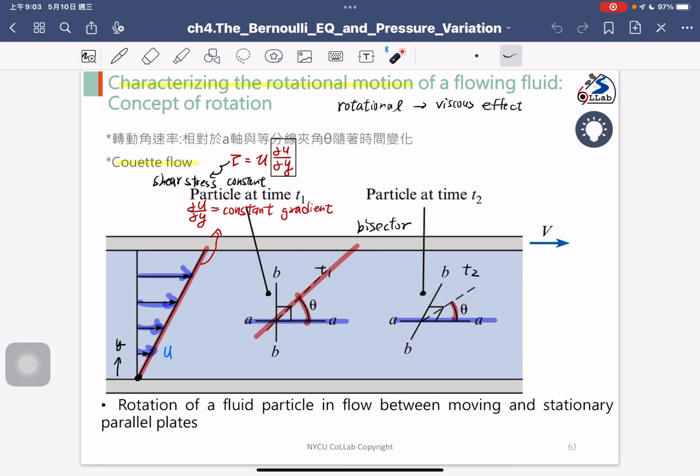We can see that at time T1 and at time T2, the theta angle is different. So for a Couette flow, which is a rotational flow, we should first define the theta angle, observe how it changes at different time points, and then identify whether the flow is rotational or not.